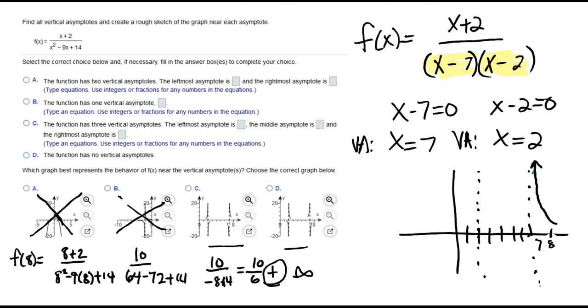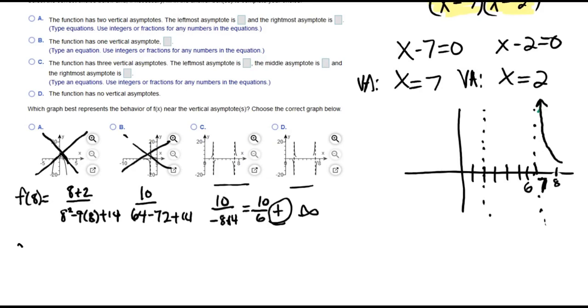Then I need to know what's happening on the other side. Below 7 would give me 6, so let's find f of 6. 6 plus 2 over 6 squared minus 9 times 6 plus 14 would be 8 over 36 minus 54 plus 14.